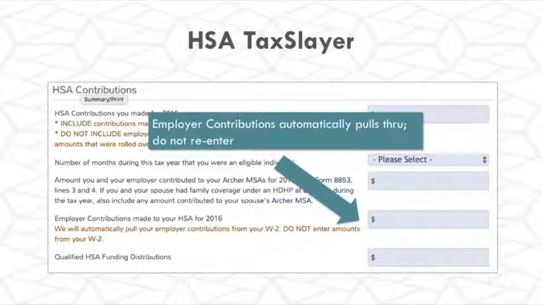Now, in the blank that says employer contributions made to your HSA for the tax year, we don't need to re-enter that from the W-2. It will automatically be pulled through, and so we can leave that blank empty. The other part that we will have to fill out on this screen will be the number of months during the tax year that the taxpayer was an eligible individual.